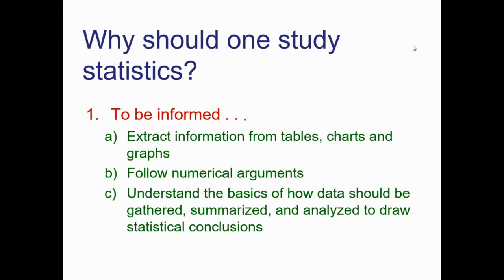And understand the basics of how data should be gathered, summarized, and analyzed to draw statistical conclusions. I know I'm not going to get into politics in this class, but if you've ever watched the news, when they talk about elections, like, oh, candidate A is leading candidate B by a landslide.